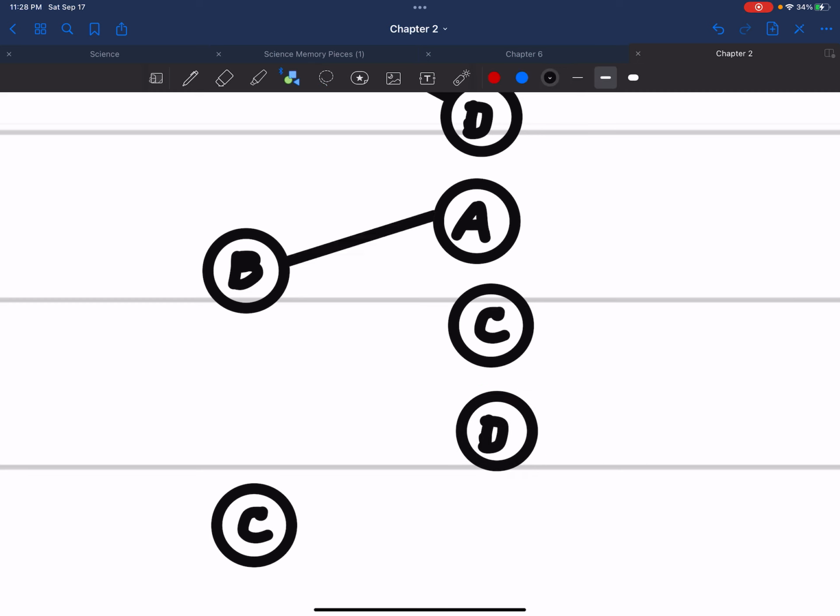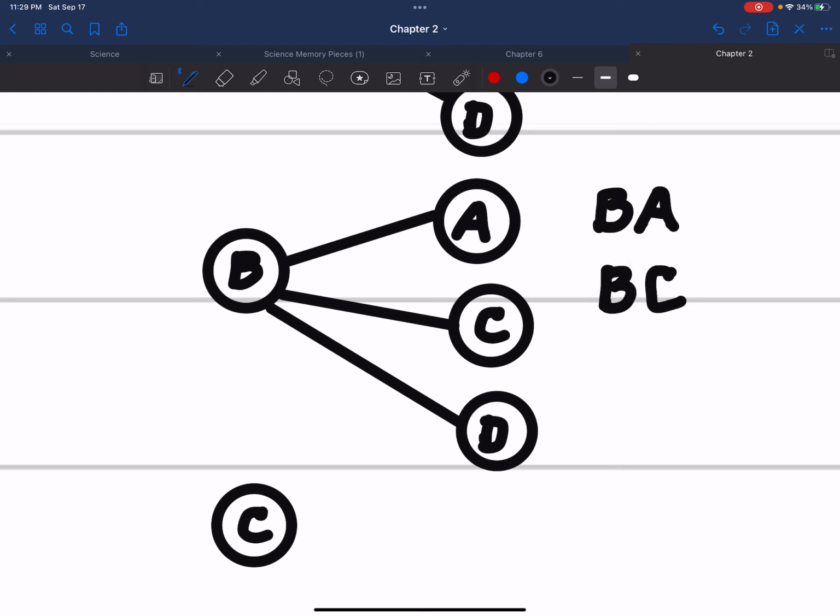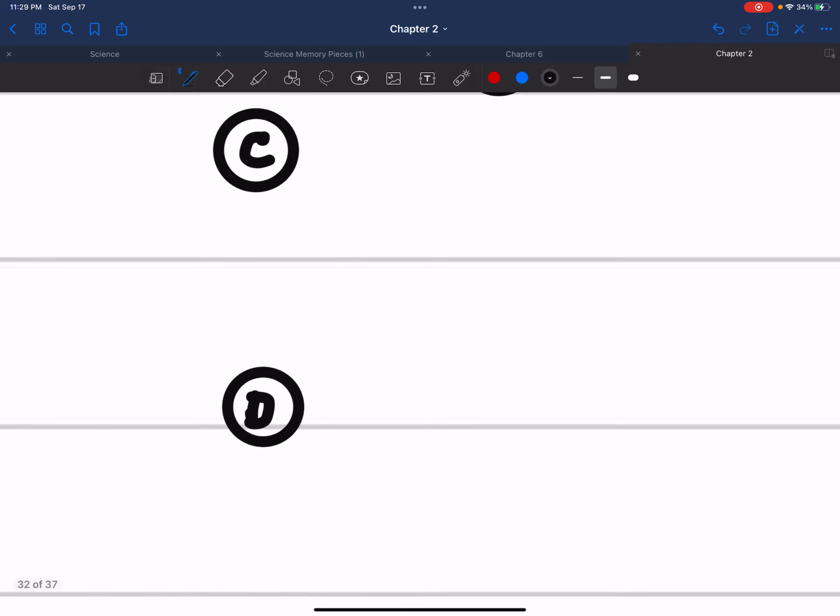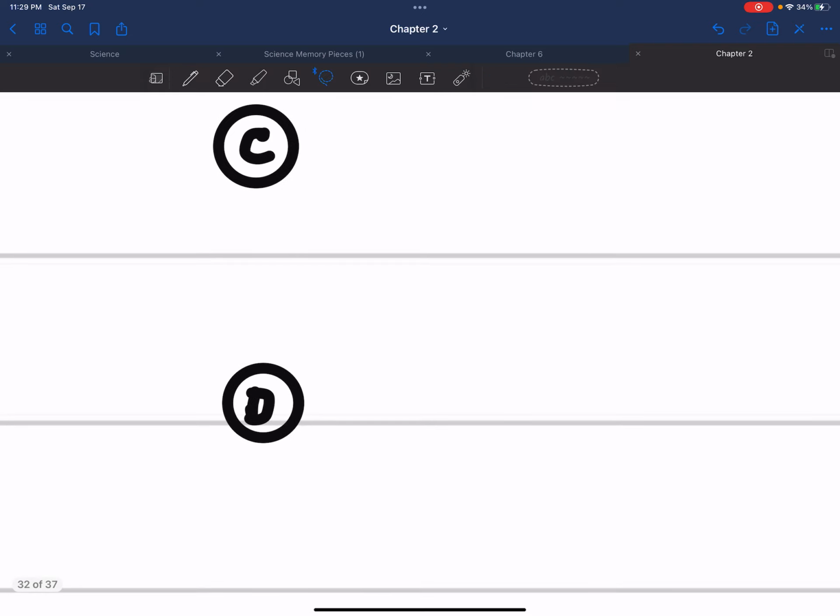So it could be Bennett and Adams, Bennett and Clark, Bennett and Davis. So BA, BC, and BD. Okay, that would work. What if Clark is the first person on the bus?